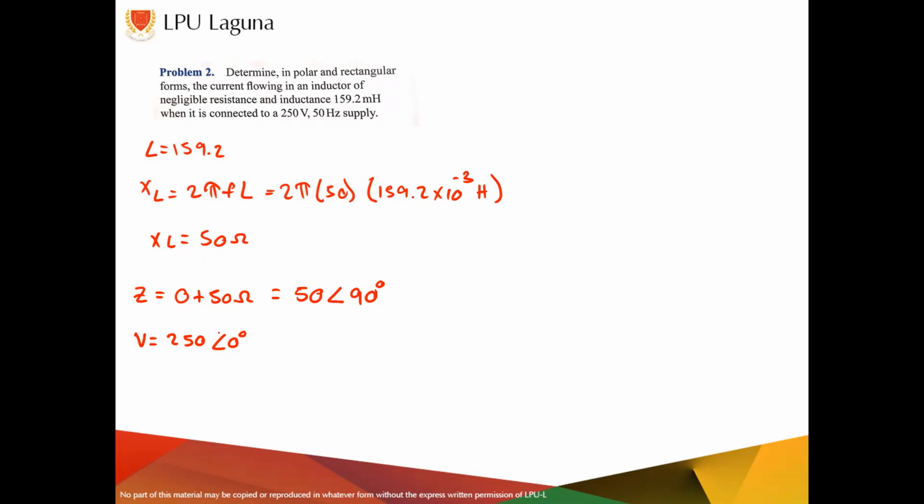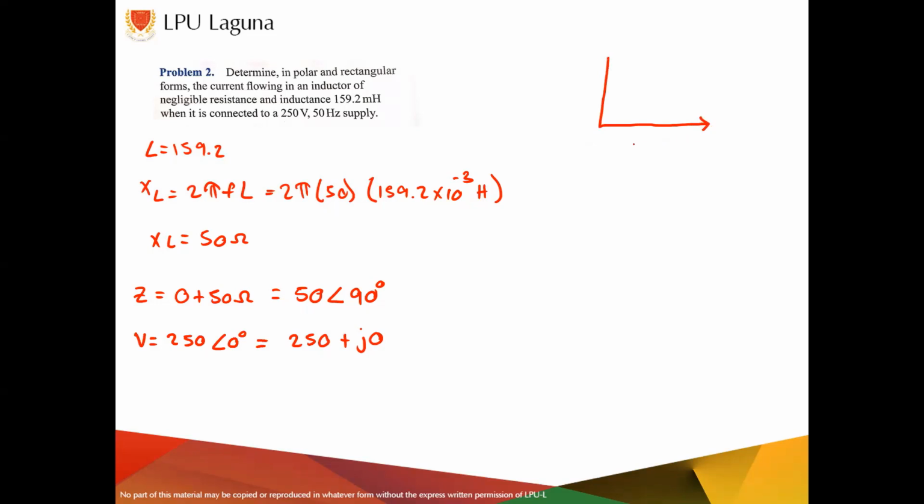Tandaan to ha. 250 bar angle 0, or 250 plus J0. Ayan yun. This is kung paano isulat ang isang voltage sa ating circuit, kasi nga doon siya sa 0 degrees. So, sige, plot natin.